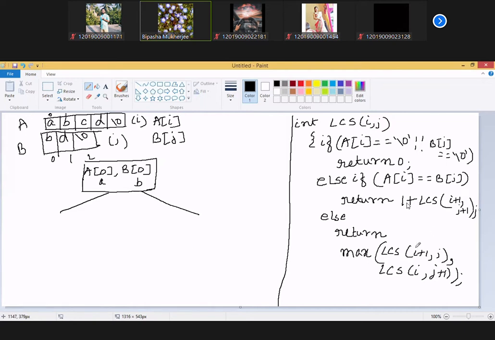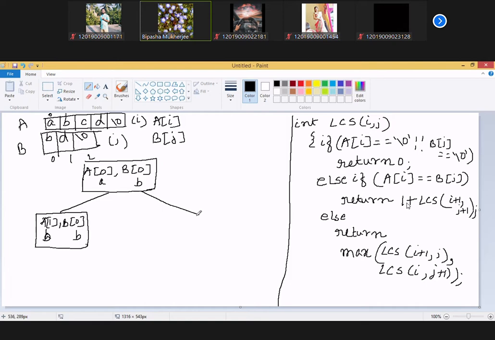So LCS i plus 1 means this will be incremented, so a of 1 and b of 0. A of 1 is b and b of 0 is b. Fine, you are finding a match. That's good.